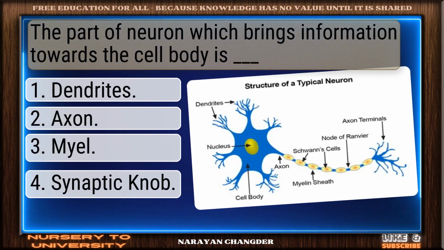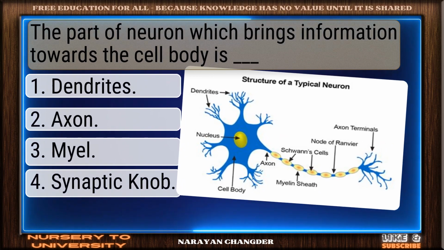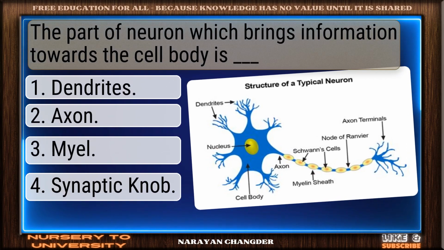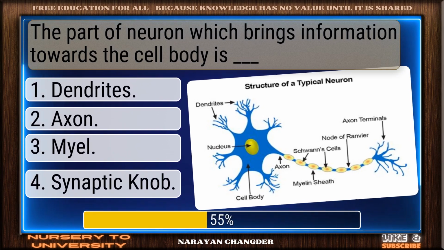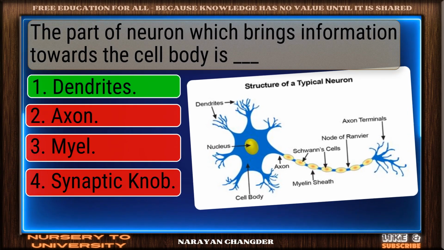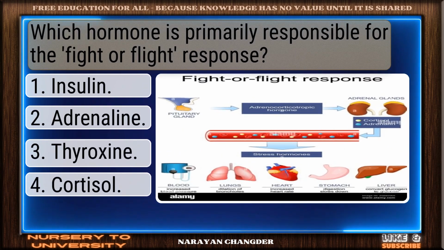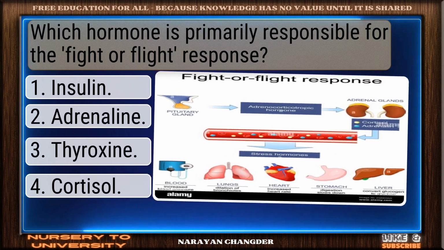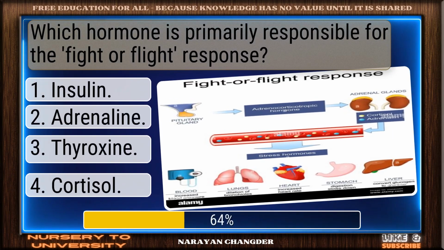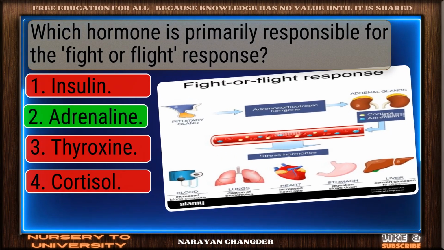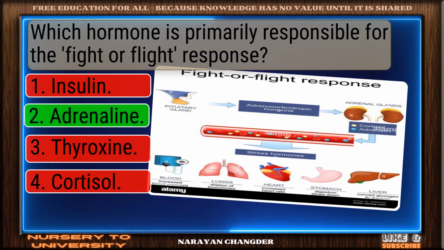The part of neuron which brings information towards the cell body is dash. Right again. Dendrites is valid. Which hormone is primarily responsible for the fight or flight response? Excellent choice. Adrenaline is right.